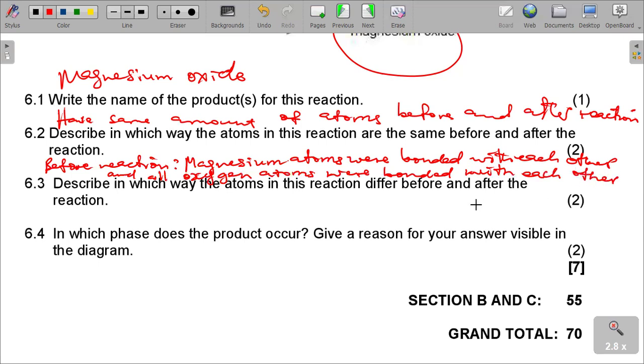So after the reaction, the magnesium atoms have bonded with what? With oxygen atoms.